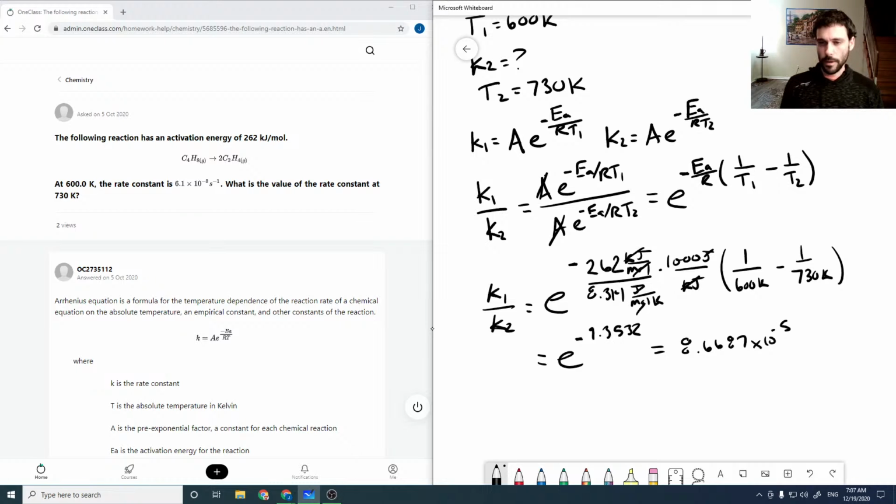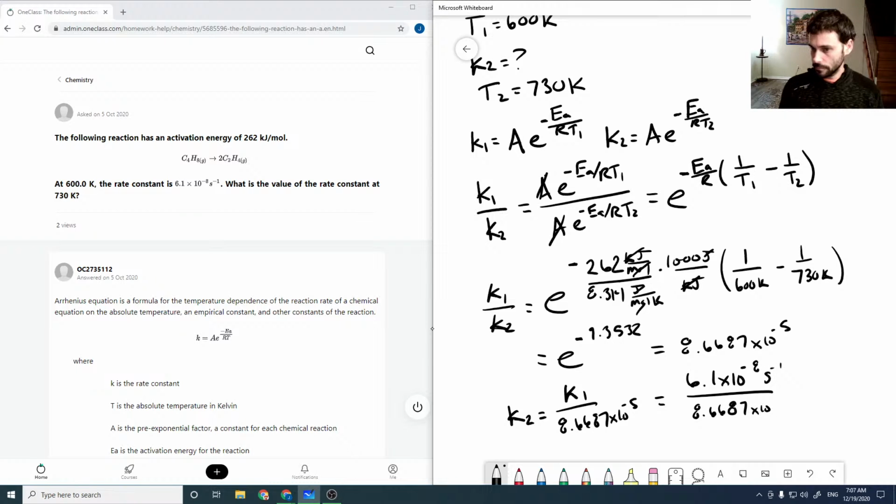Okay, so then rearranging for k2, k2 is k1 over 8.6687 times 10 to the minus 5, which equals this 6.1 times 10 to the minus 8 per second over this factor, which comes out to be, rounding to two significant figures, because that's all we were given in the k1, 7.0 times 10 to the minus 4 per second.